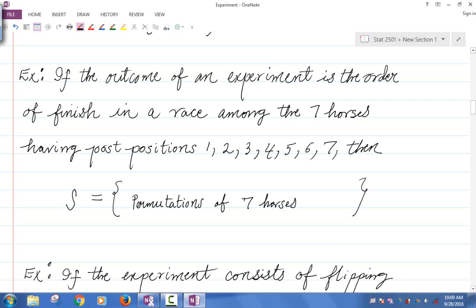Okay, can someone tell me the order of the sample space? By the order, I'm going to write S within the absolute value signs to denote the order of the sample space, which means the number of elements of the sample space. So how many elements do I have in the sample space?